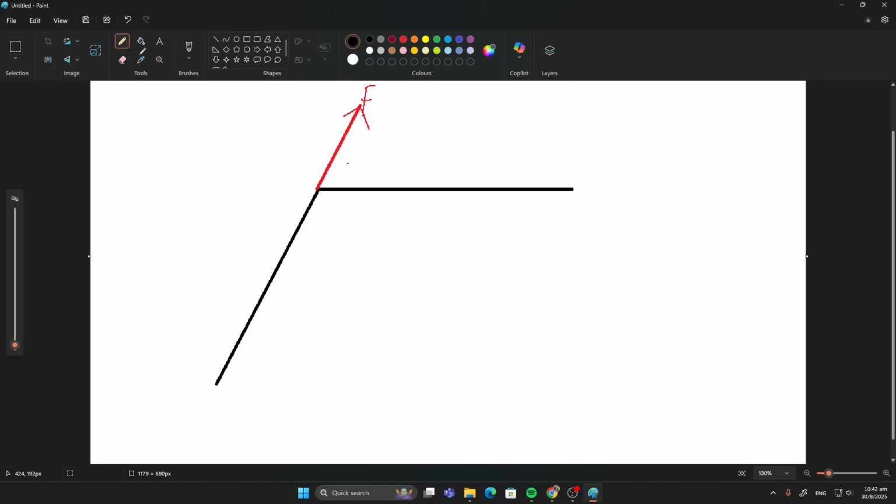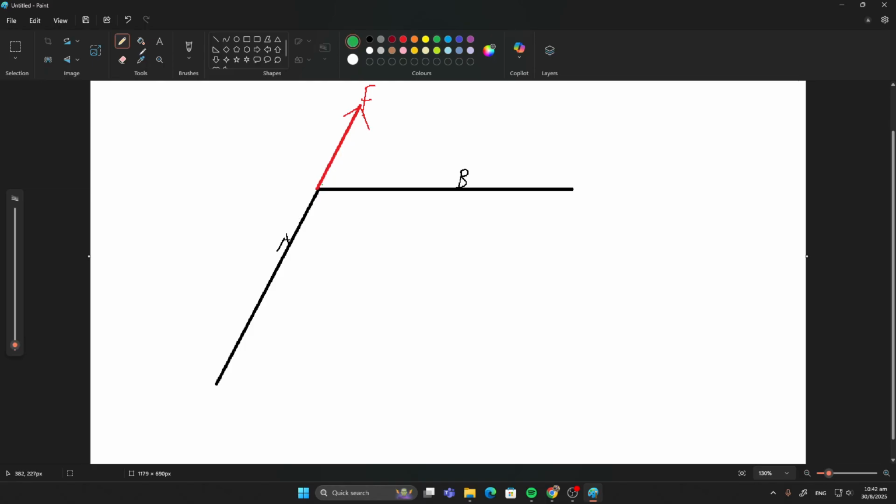Then I'm just going to label this A and then B. So in this case, which one is my zero member or zero force member? Take note that this is the external loading, okay?